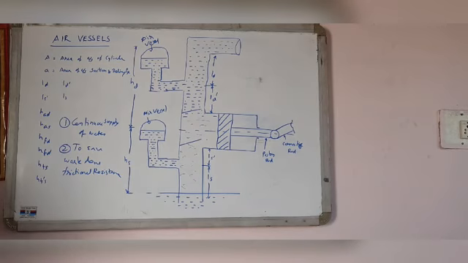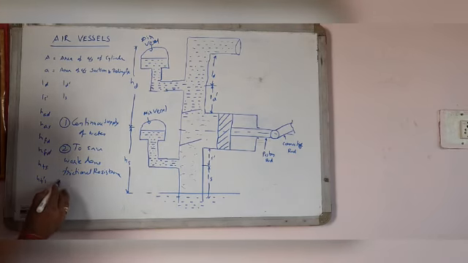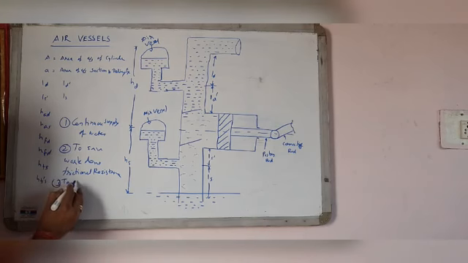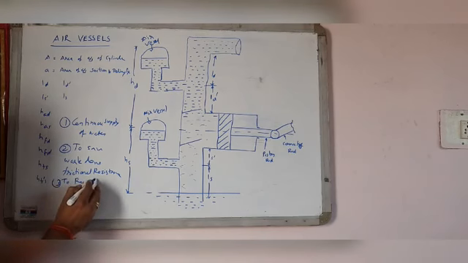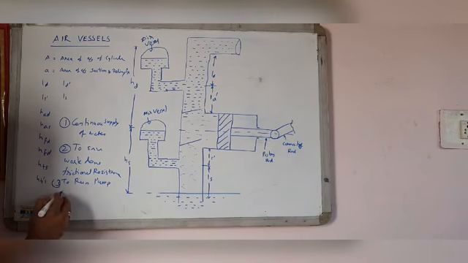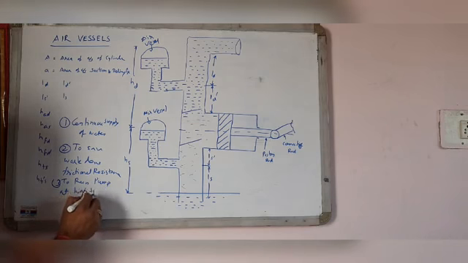These are the main points for which the air vessel is fitted to the cylinder. Third, to run the pump at high speed without separation.